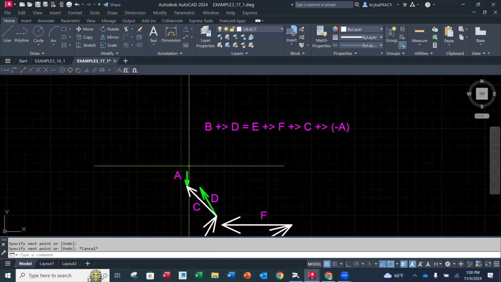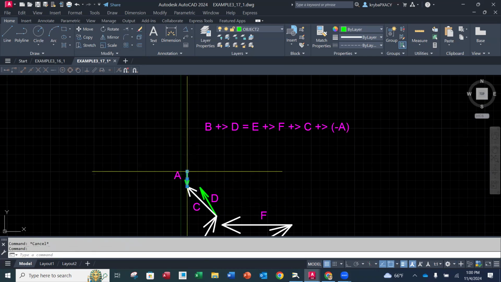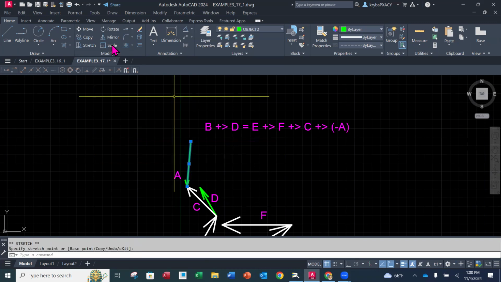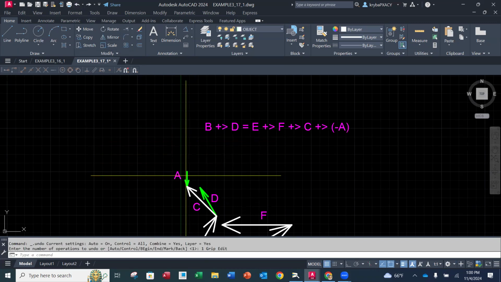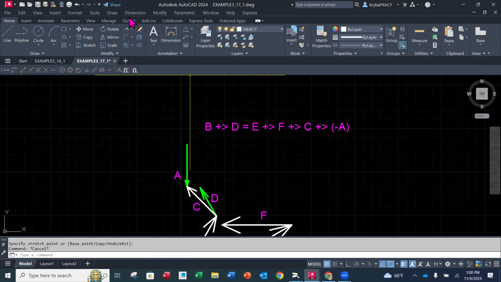And then now I've got to find my intersection here. Will D extend? No, it won't. Okay. So I've got to make this vertical. Oops. Make sure it stays vertical and doesn't tilt. There we go. Now I should be able to extend this up to here and there.